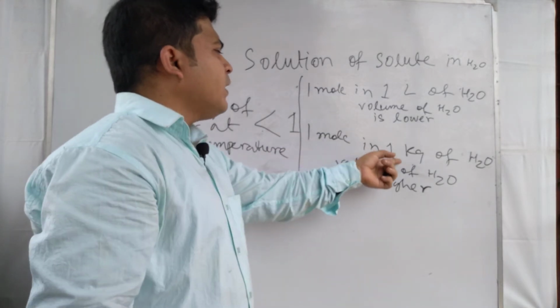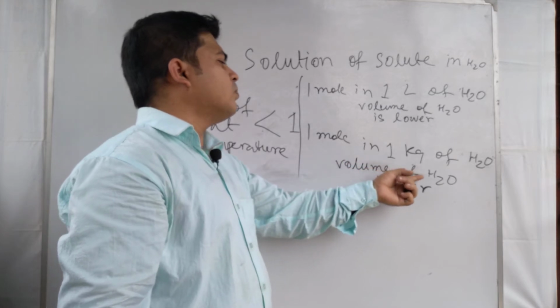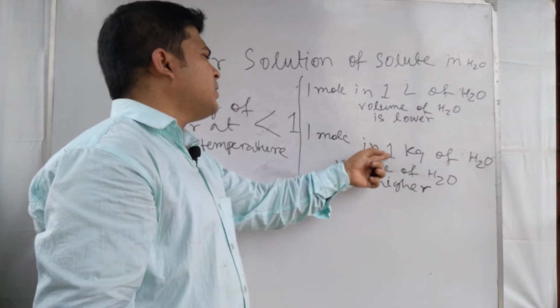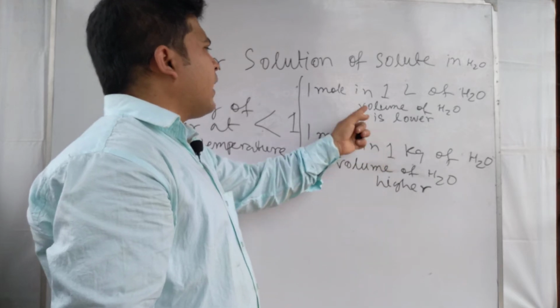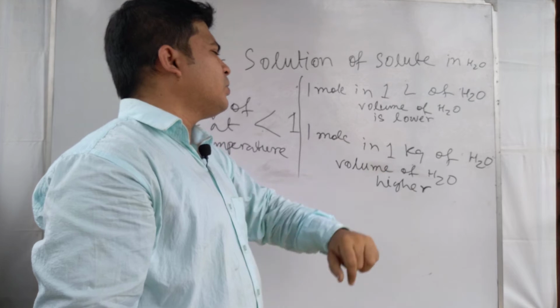Here 1 kg of water has a higher volume of H2O, and the volume of H2O is lower in the case of 1 liter of H2O.